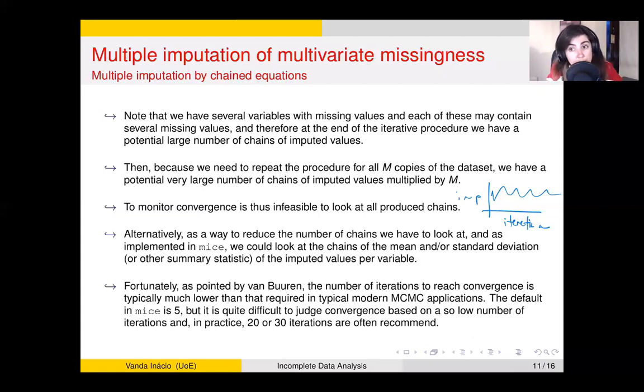And the good thing is that typical applications of MCMC require iterations on the order of thousands. And here, because this is a very different context, an application of MCMC but in a very different setting, the number of iterations that we need to reach convergence is typically and fortunately much lower.